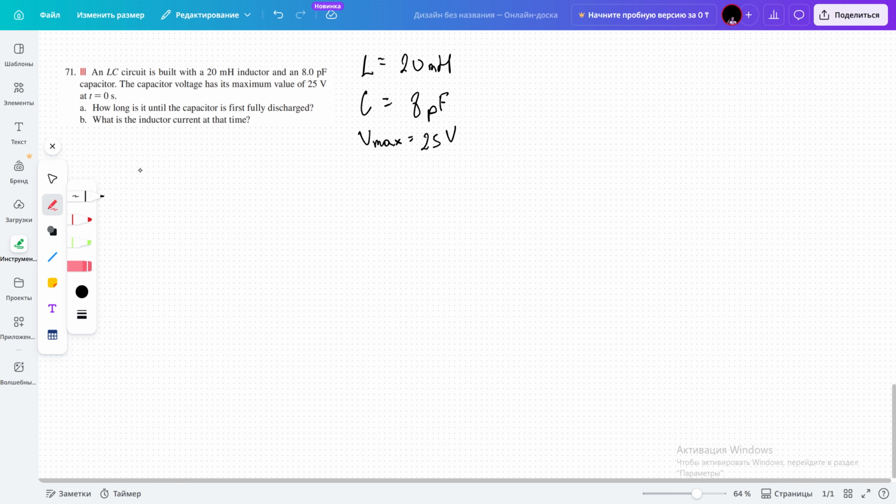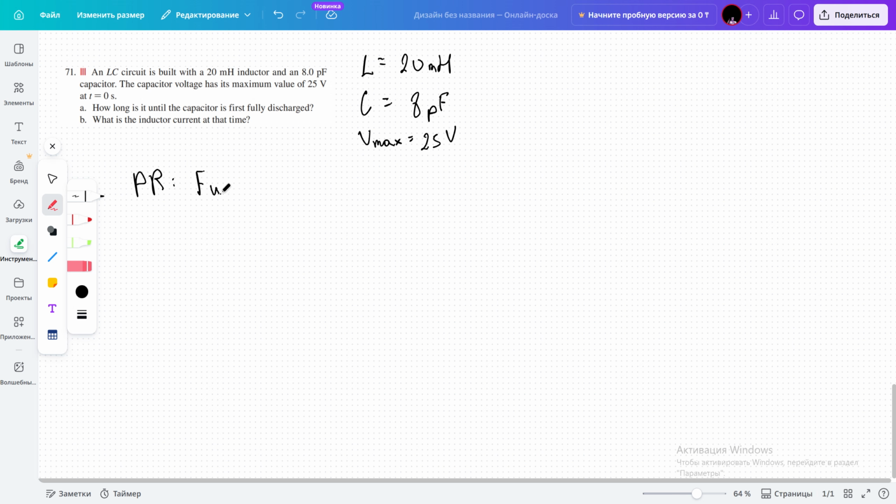So let's start with the thinking model. For pattern recognition, I recognize two patterns here. First, the discharge happens at exactly 1/4 of the total period. And second, the maximum current occurs at the exact moment the capacitor is fully discharged due to energy conservation.